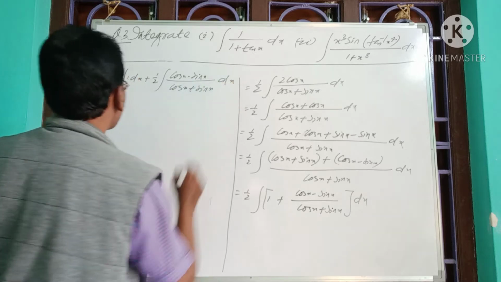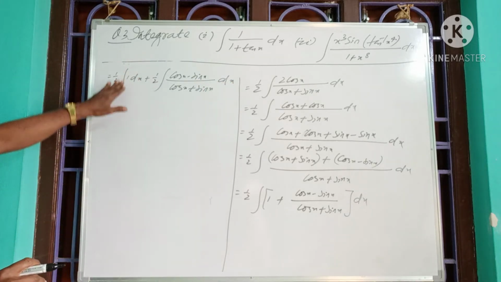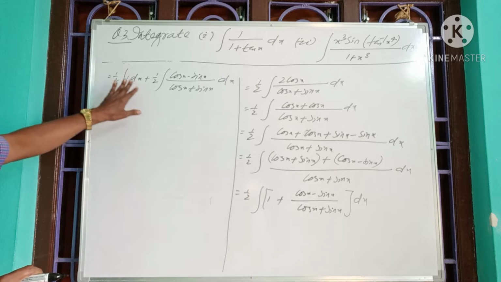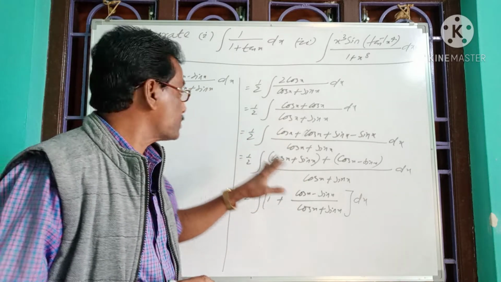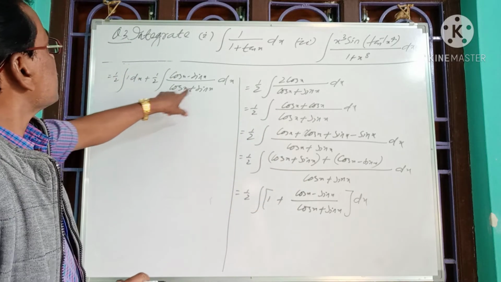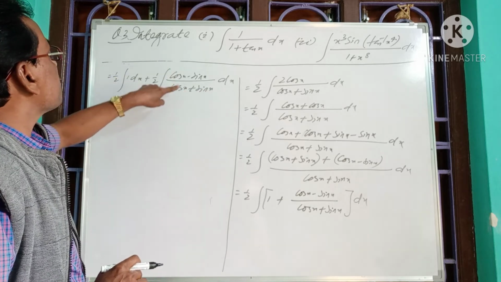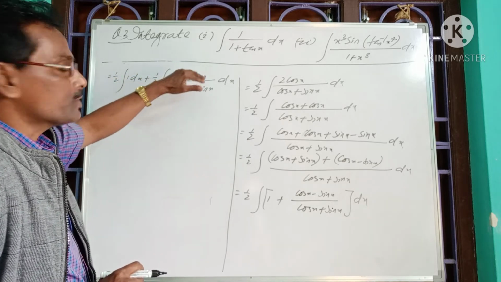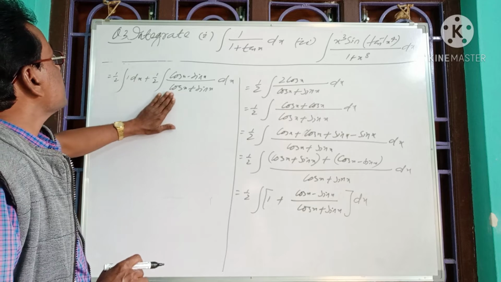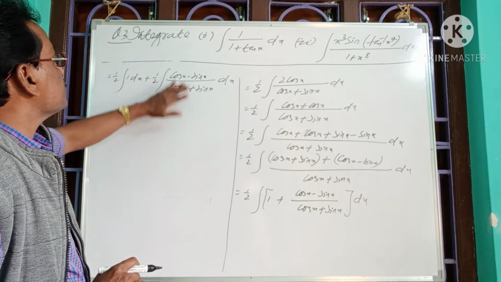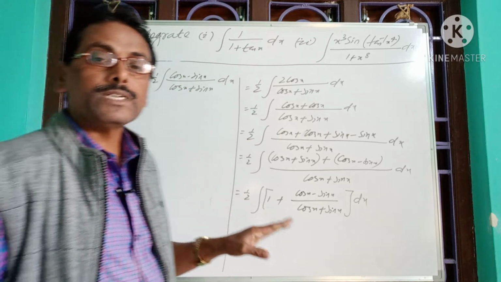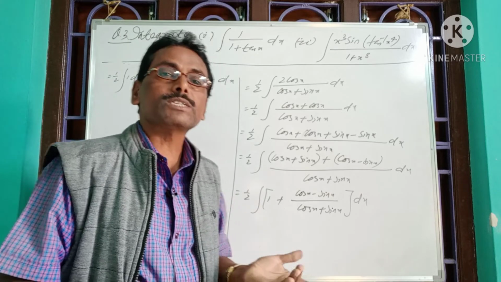Now see, the first one is easily integrable, that is integration with respect to x, which is nothing but x plus c. But here see, the derivative of sin x is cos x and the derivative of cos x is minus sin x. If you carefully observe the function, the numerator is the derivative of the denominator, so it is in the form of integration of g dash x by g x with respect to x.